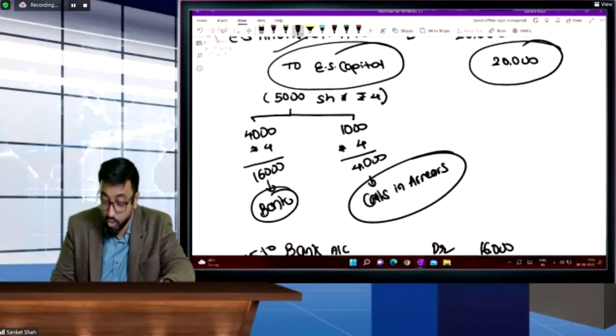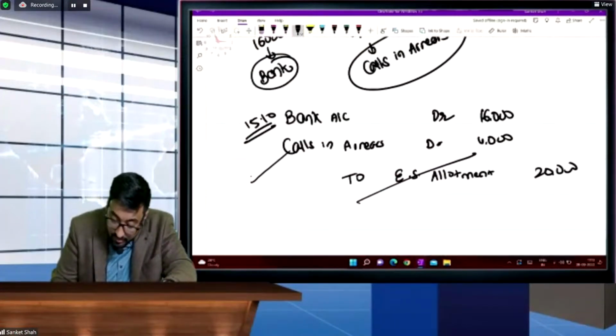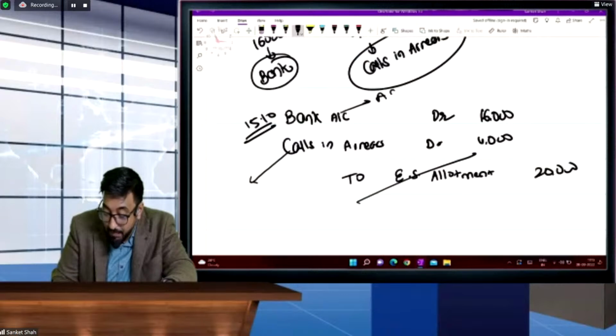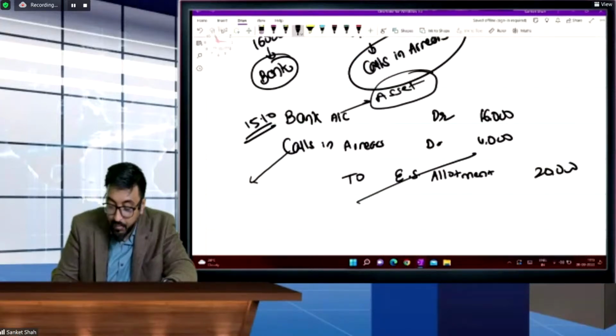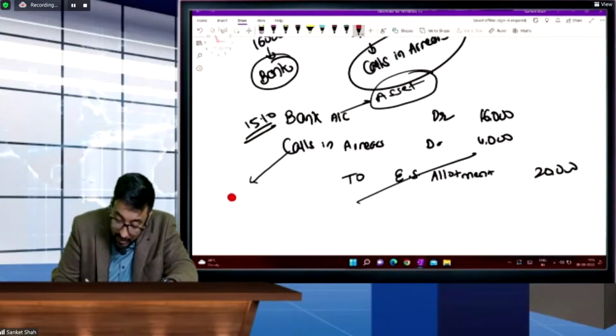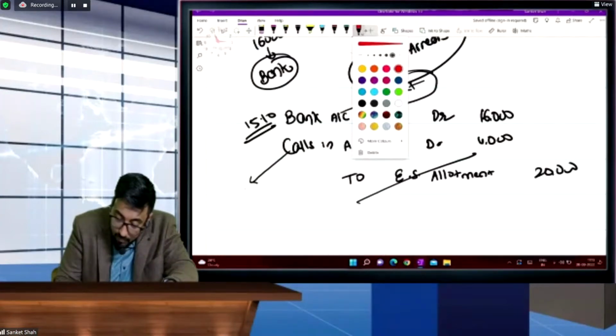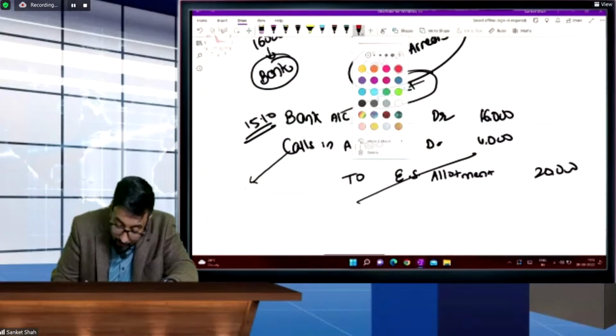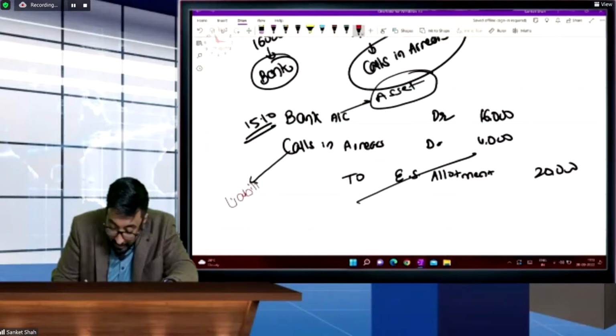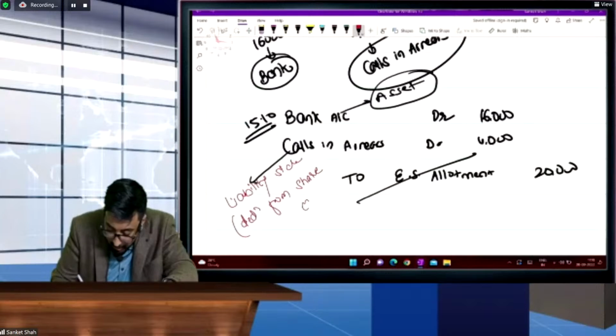Okay. So calls in arrears, bank account will be shown on the asset side, correct? And calls in arrears, it will be shown on which side, beta? Liability side, but as a deduction from share capital.